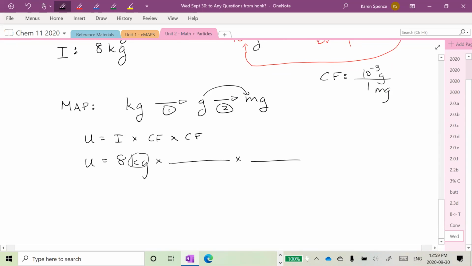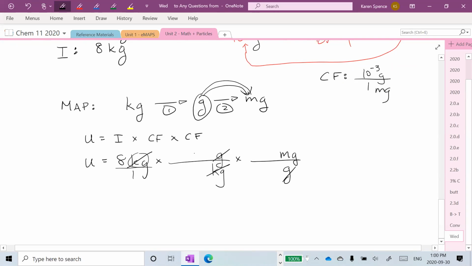Kilograms are on the top. Sometimes actually people will write this as over 1 just so that they remember that there is a top and a bottom there. So if you want to do that, that's totally good. But yeah, kilograms are on the top, so they have to go on the bottom. And we wanted to find grams, so grams need to go on the top. Kilograms will cancel. In step 2, we need to cancel grams, put that on the bottom, and find milligrams, put that on the top.